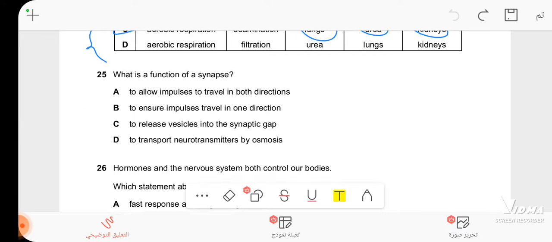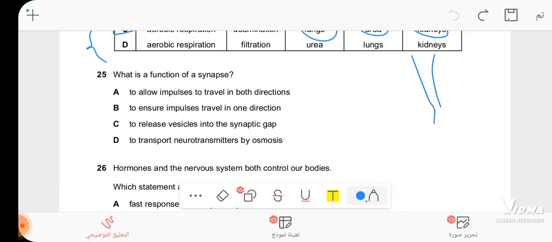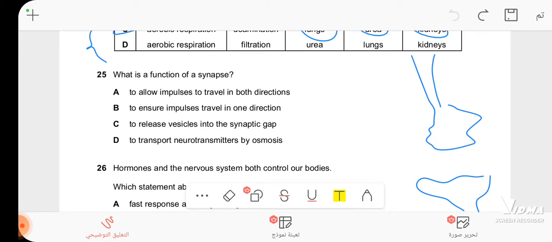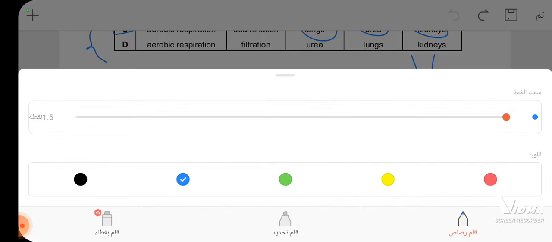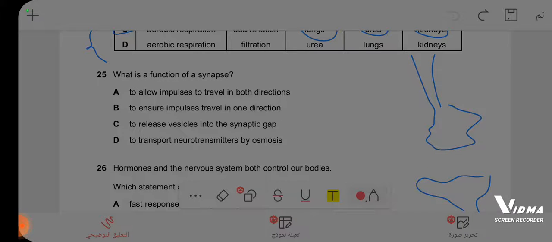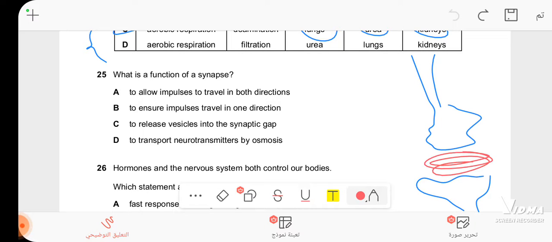What is the function of synapse? To understand the function of synapse, we have to know that the synapse is the area which connects two nerves. This area with red color is called the synapse.